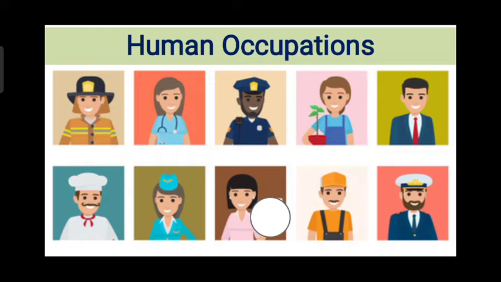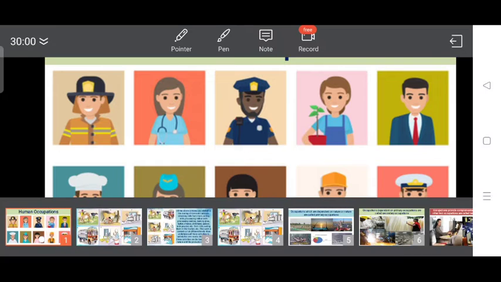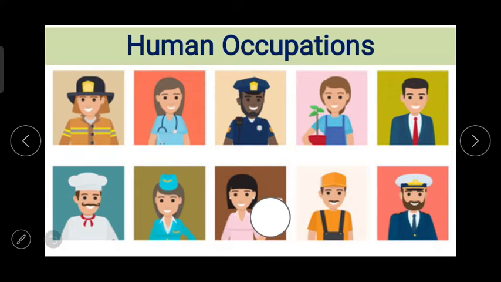Now you may be familiar with the word occupations because this word is directly related with our daily routine, because around us a number of people are engaged in different types of occupations for their living.